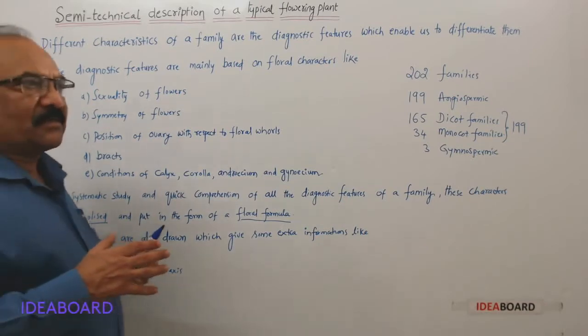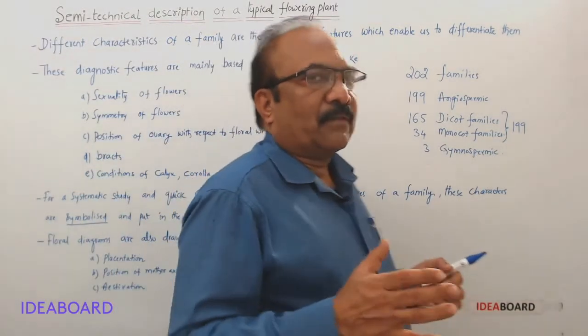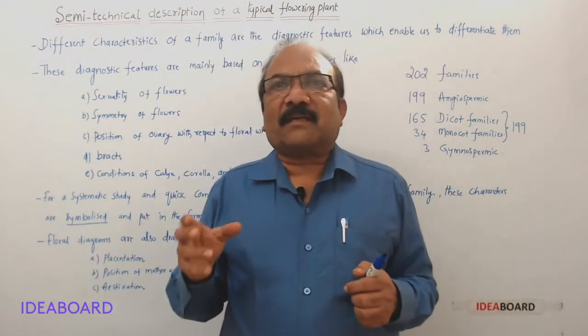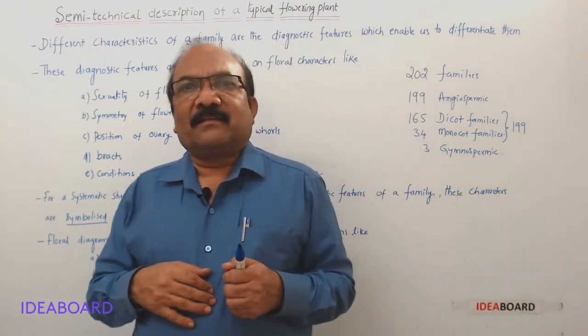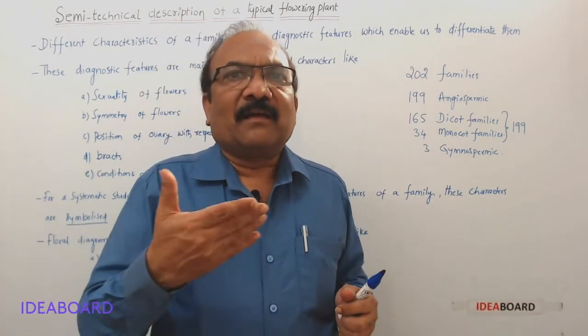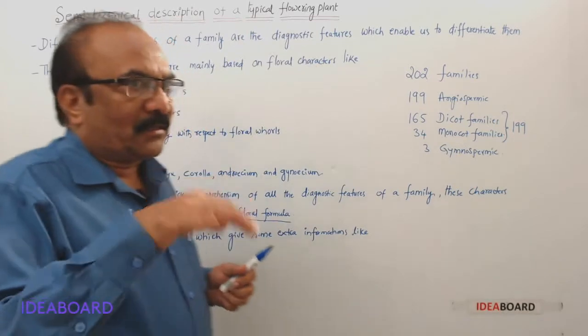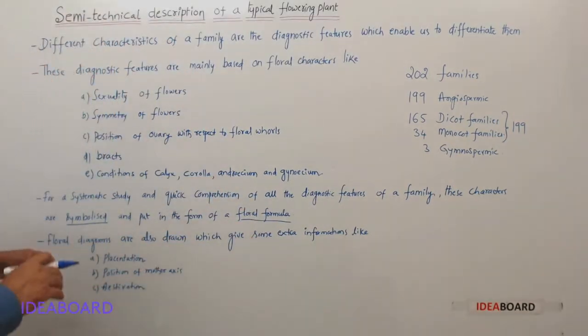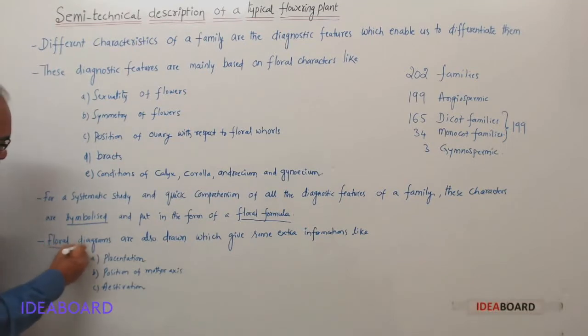Because in the examinations they will ask you that in the floral formula this character cannot be represented, or in the floral diagram this character cannot be represented. So what we do is draw some diagrams which are called floral diagrams.